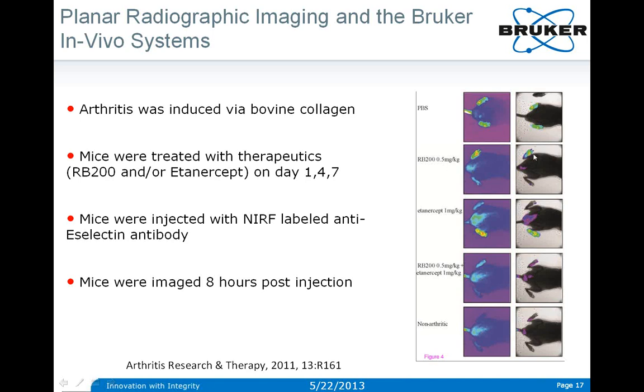With RB200 alone, we still have inflammation, but it's significantly reduced. With etanercept, again, also reduced inflammation and reduced size of the feet bones, reduced indicators of arthritis, and then with the combination therapy RB200 and etanercept, we have significantly reduced overall inflammation with the fluorescent reporter, as well as decreased paw size.